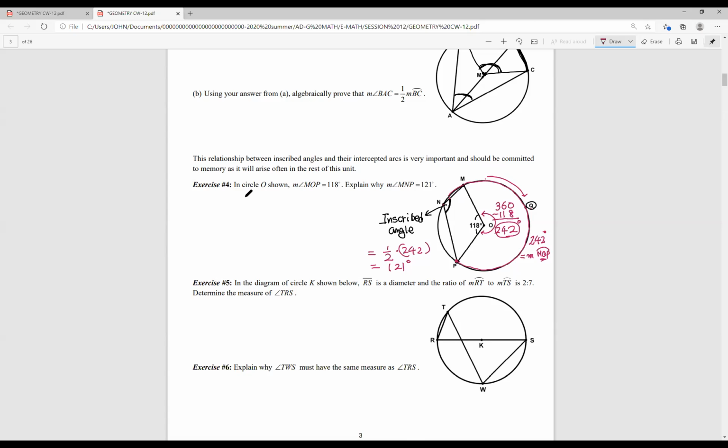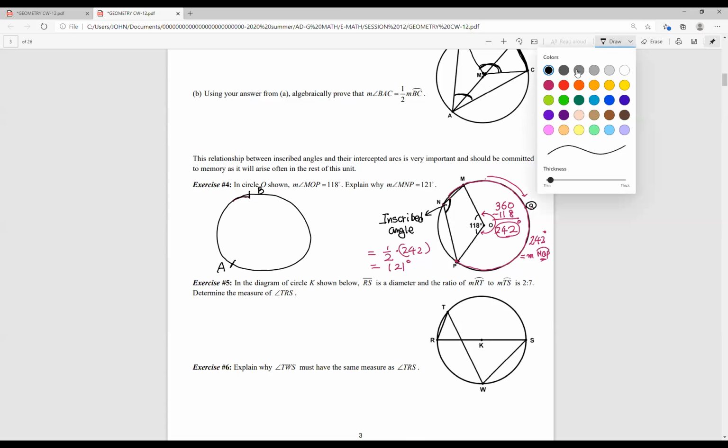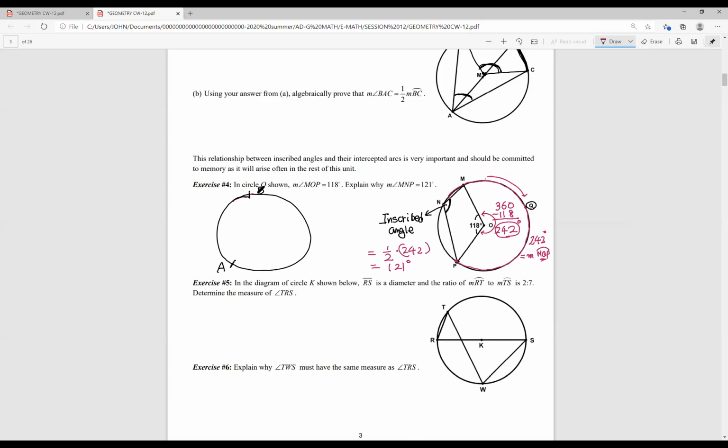So another one up here. When you write this arc, this is a circle, and we're going to make two arcs over here and over here, A and B. One arc is longer, the other is smaller.